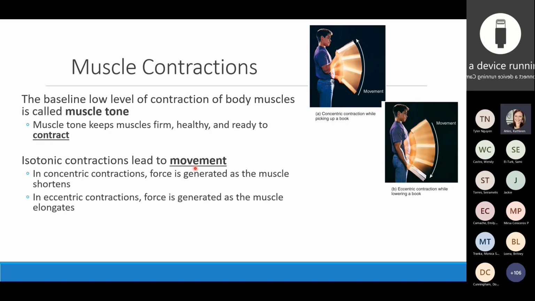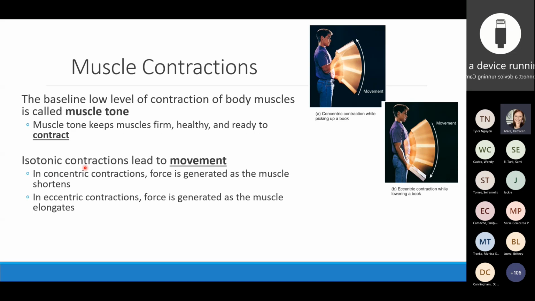We can also, though, do what are called eccentric contractions. We still see movements, but this is when I have a force that's kind of slowing down a movement. So if you took that textbook and now instead of pulling it up, now we're slowly lowering it down, the muscle fibers themselves are slowly stretching longer, but the force that's making it so that that book doesn't just drop right away, that's an eccentric isotonic contraction.